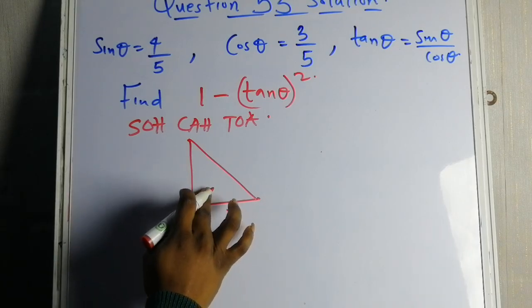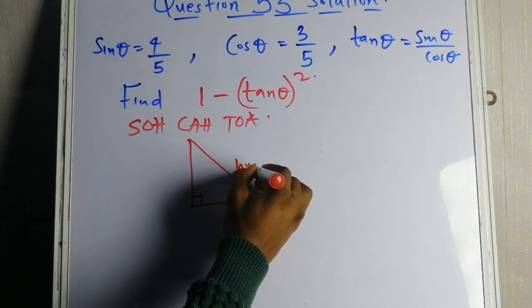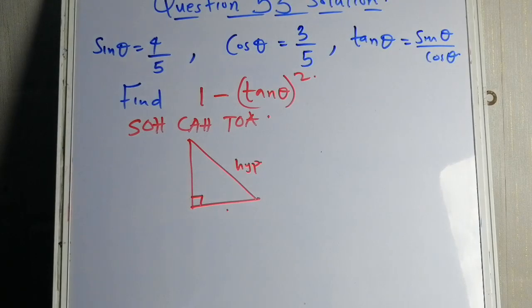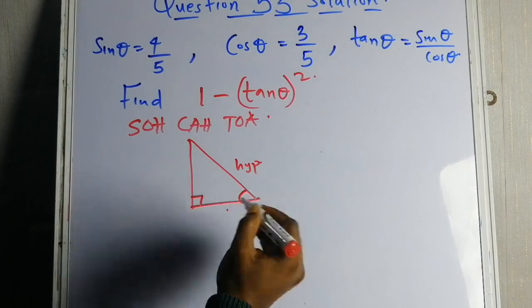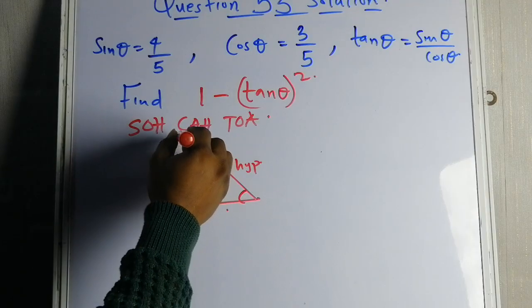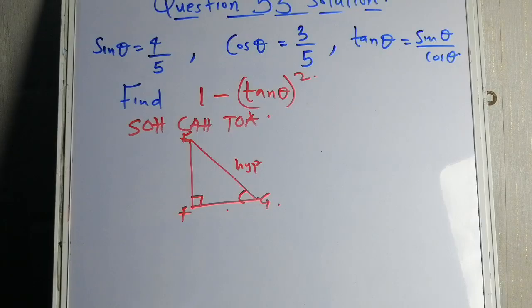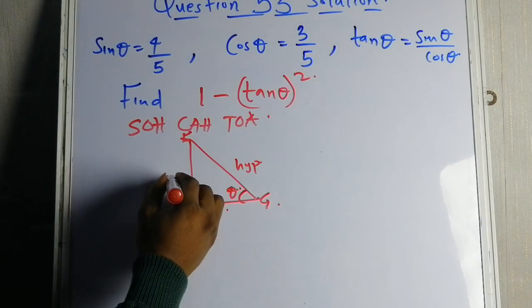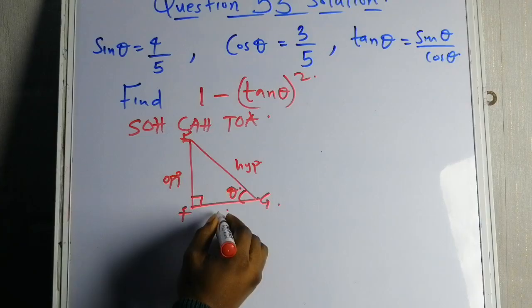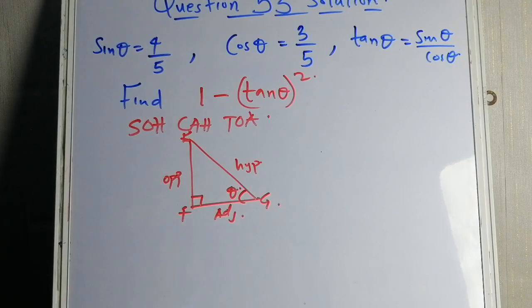I've told you where this place is facing is the hypotenuse. Let's assume this theta is here, so your opposite is going to be this place, and your adjacent will be here.